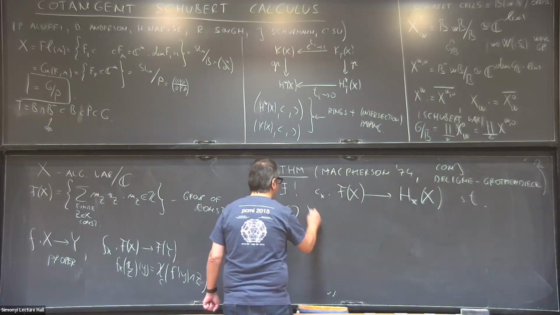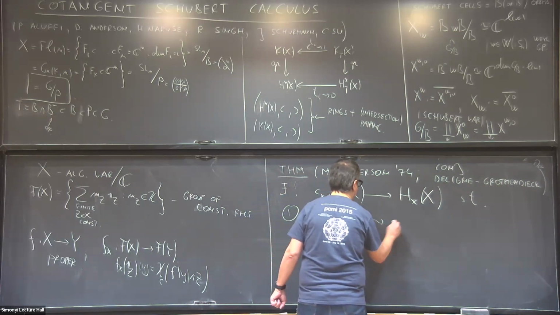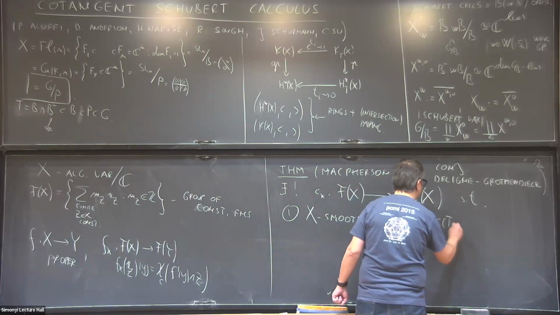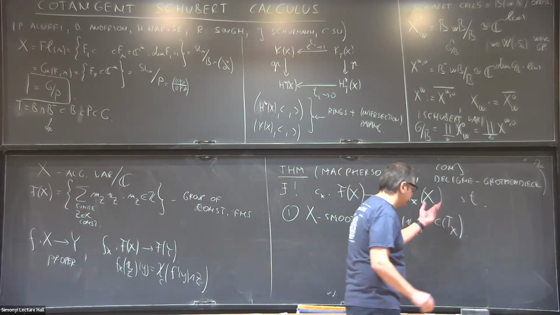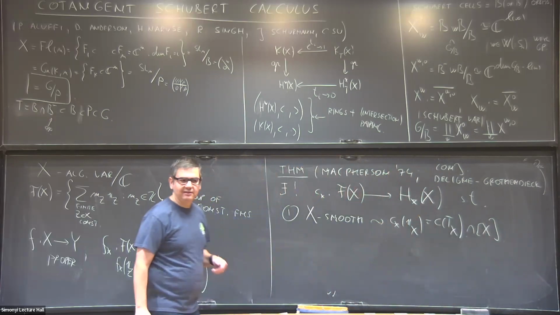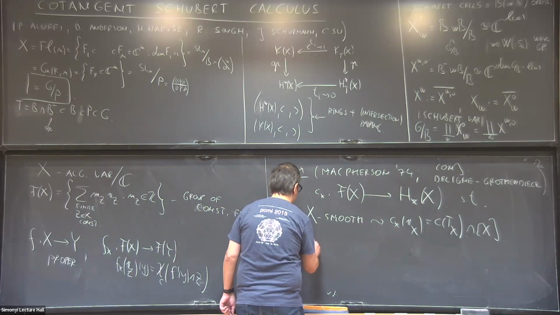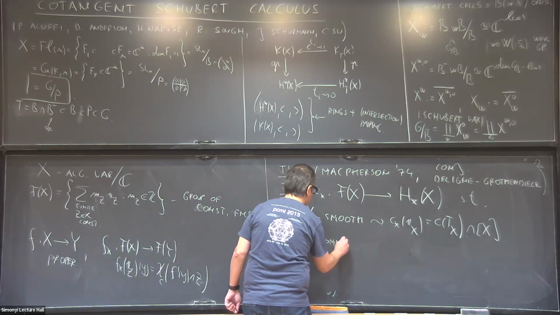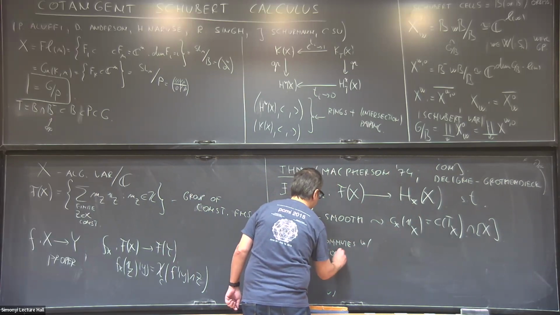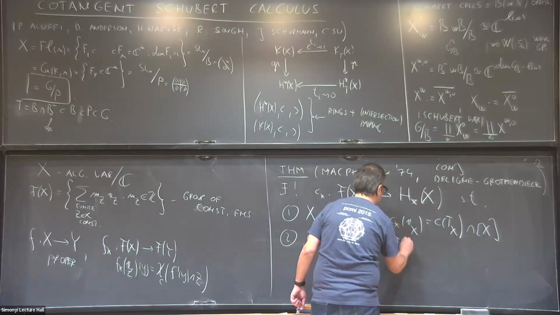One, if X is smooth, then c_star of 1_X is just the total Chern class of the tangent bundle of X, but this is a cohomology class, so you have to homologize it. So you have to capture the fundamental class. And then this transformation is natural. So c_star commutes with proper push forwards. So in other words, you have a diagram.